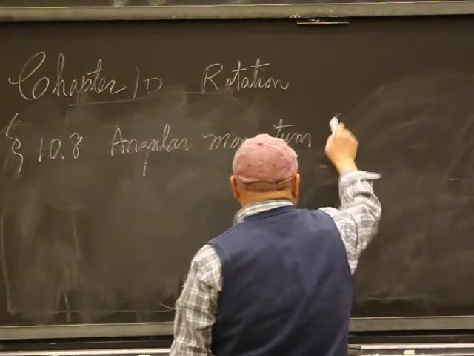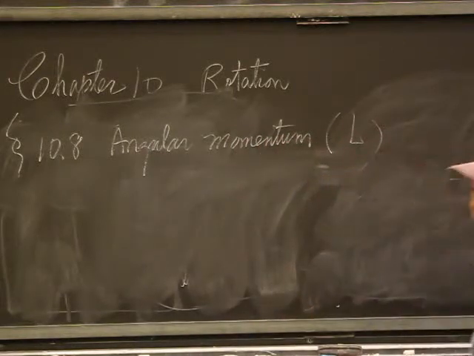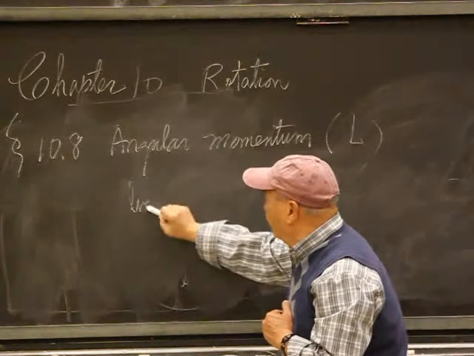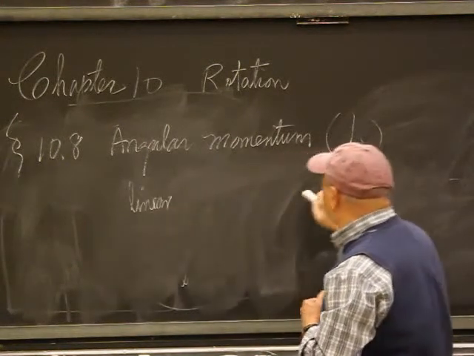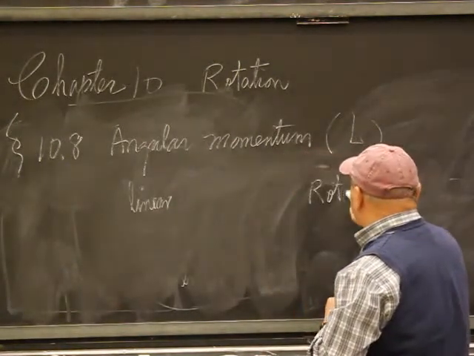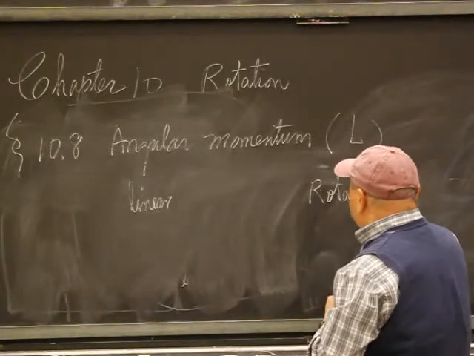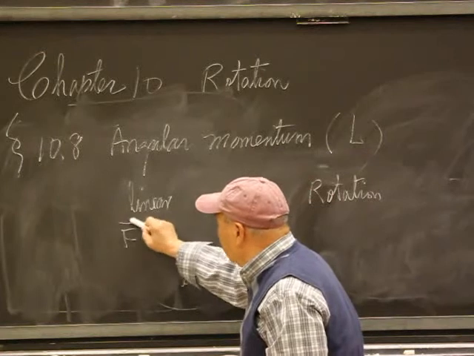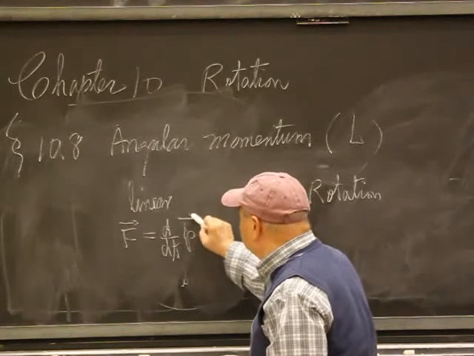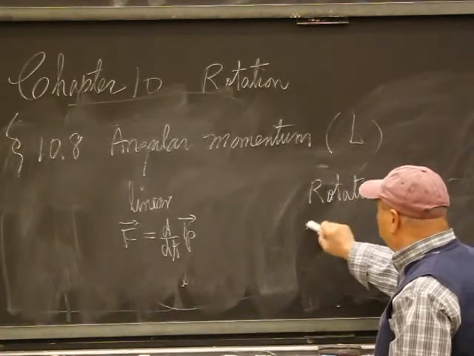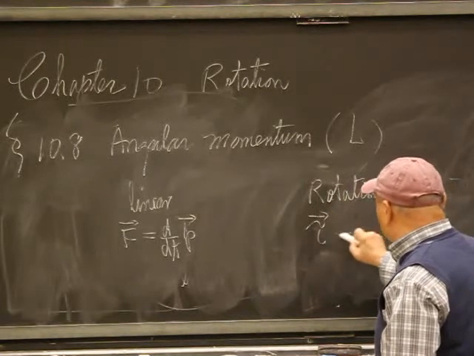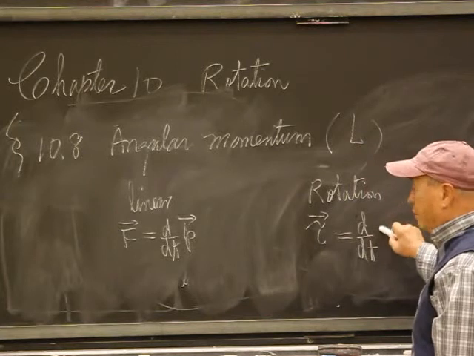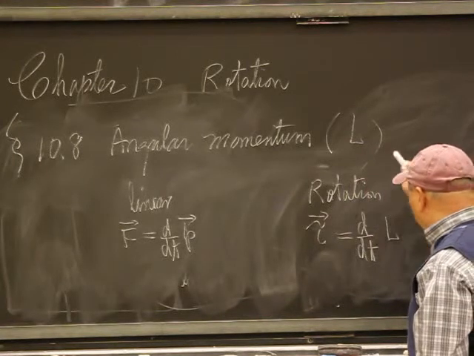In these cases it's called L. So in linear motion, we have force equal to the time rate of change of momentum. In rotation, tau is equal to the time rate of change of angular momentum.